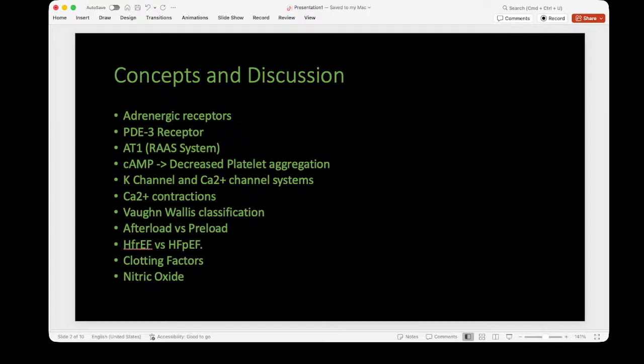And so I put it here in bullet point form for your understanding of how it relates in terms of platelets and platelet aggregation, those kinds of groups.